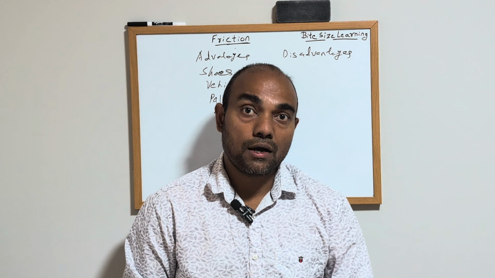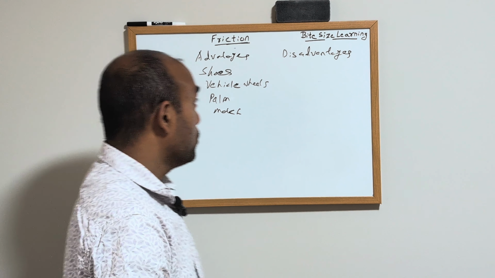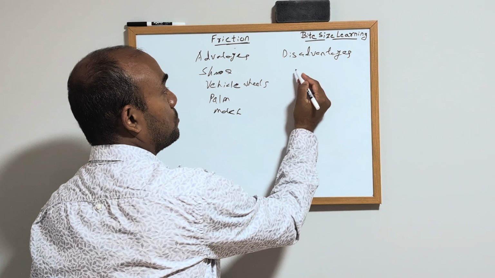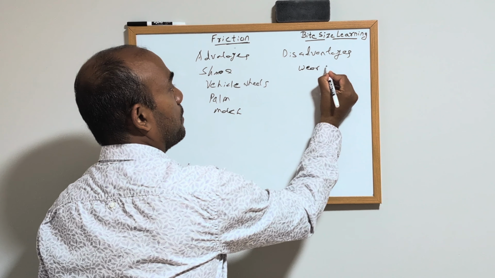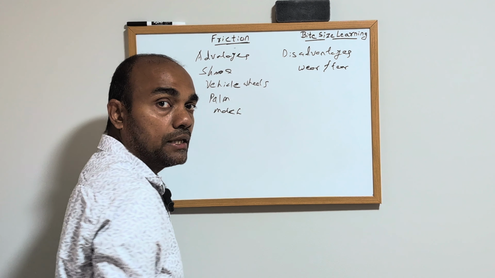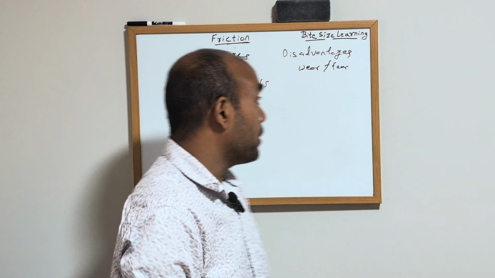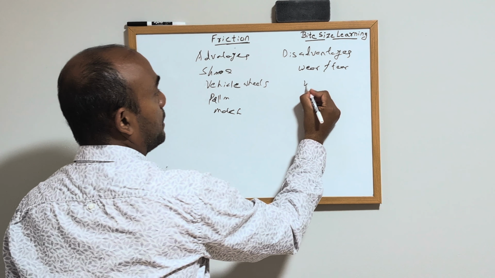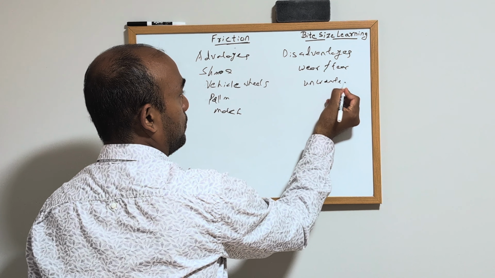Now, what are the disadvantages? Right? So the disadvantages are when you are running or using the shoes and the vehicles too much, it causes wear and tear, right? So that is a disadvantage. It causes unwanted heat. So at some places it is good, but it generates unwanted heat also, right?